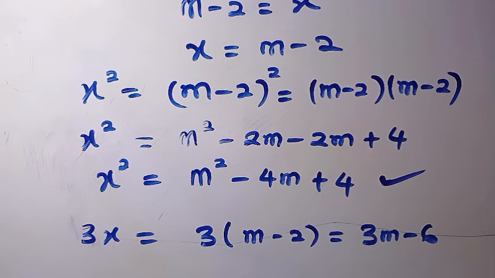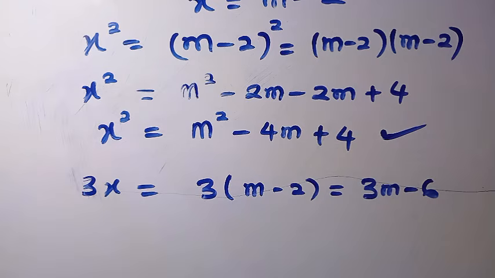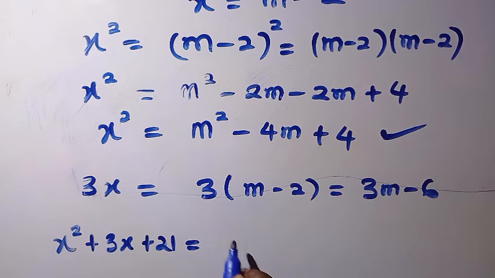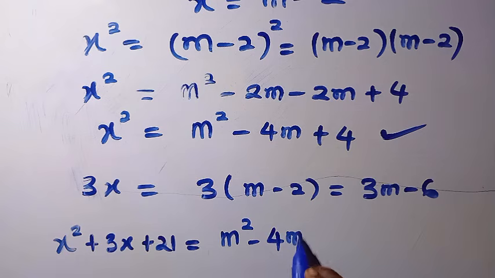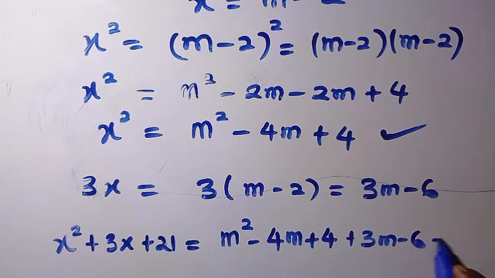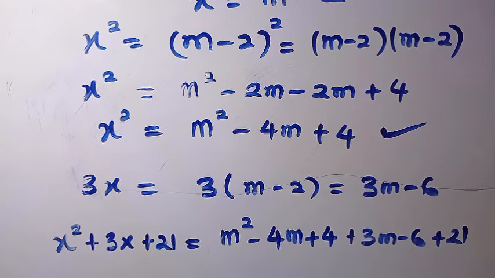The 21 is just a constant value there. By bringing all this together, for x squared plus 3x plus 21, this gives us m squared minus 4m plus 4, then plus 3m minus 6 plus 21.